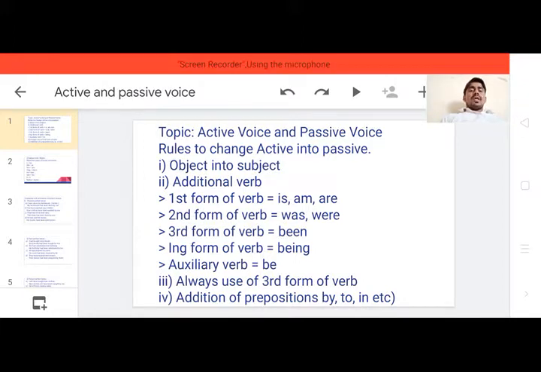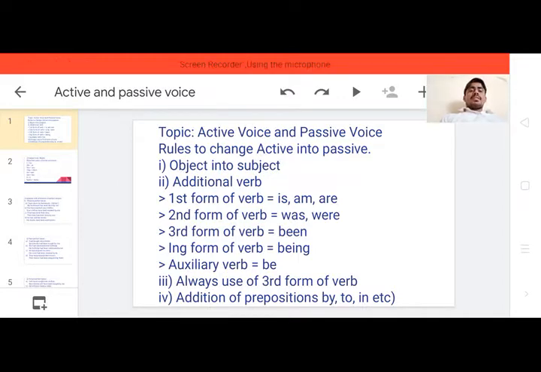How will we put the additional verb? If there is the first form of the verb in the active sentence, you will put is, am, are according to the demand of the subject. If there is the second form of the verb in the active sentence, while you convert it into passive, you will add was or were.